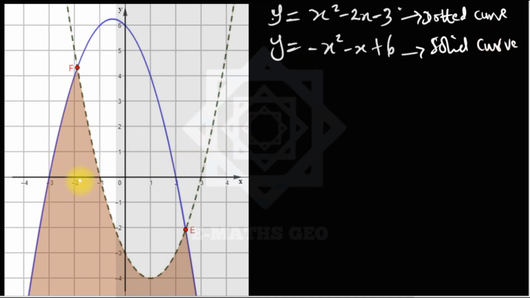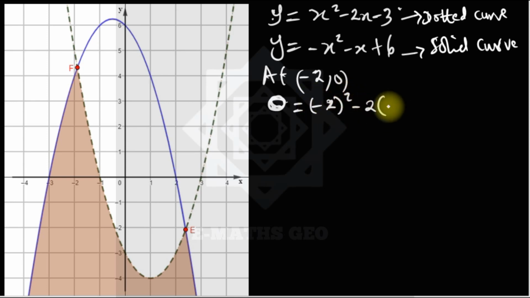So what do we do? We just pick a point on the shaded part and test on these two to know the sign that will be correct for our inequality. So let's pick a point. Okay, so the best point I will use, let me use this point, (minus 2, 0). So let's test the two curves. We have that y is 0, x is minus 2: minus 2 squared minus 2 times minus 2 minus 3.